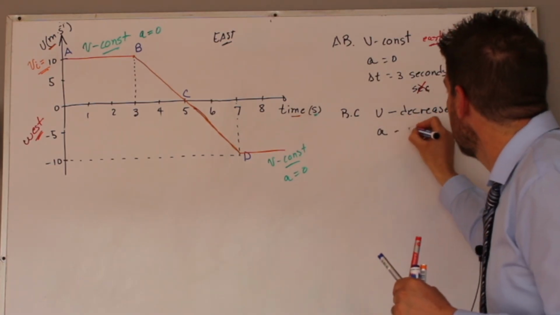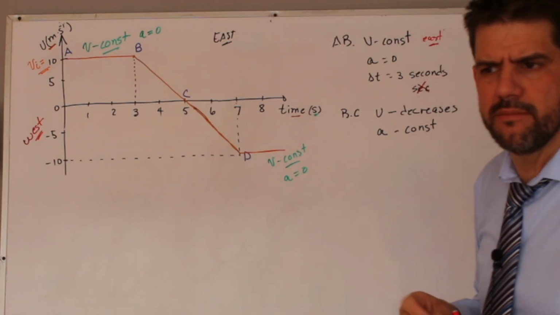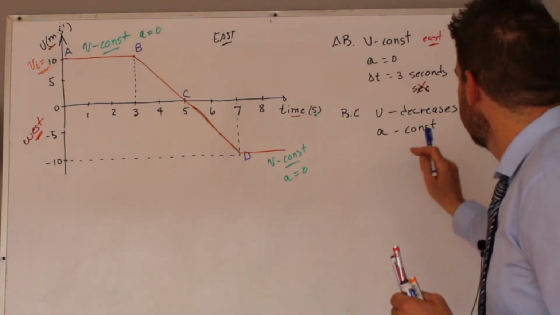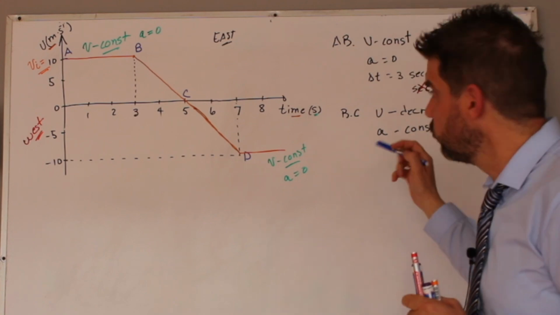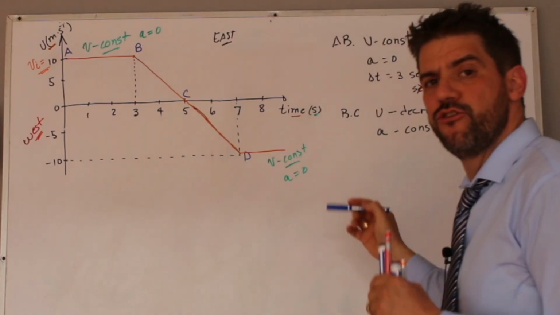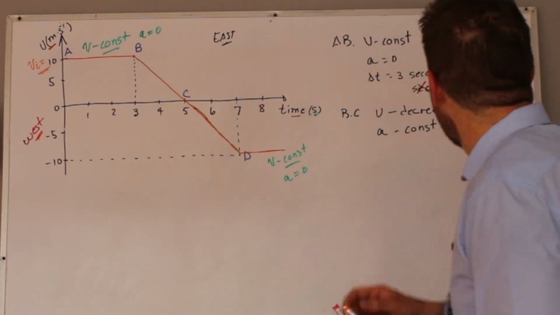Acceleration is constant. How do I know it's constant? Because of the gradient. Acceleration here is constant. It's not equal to 0, it's constant. It's a straight line. If you get a straight line, that means the acceleration is constant.